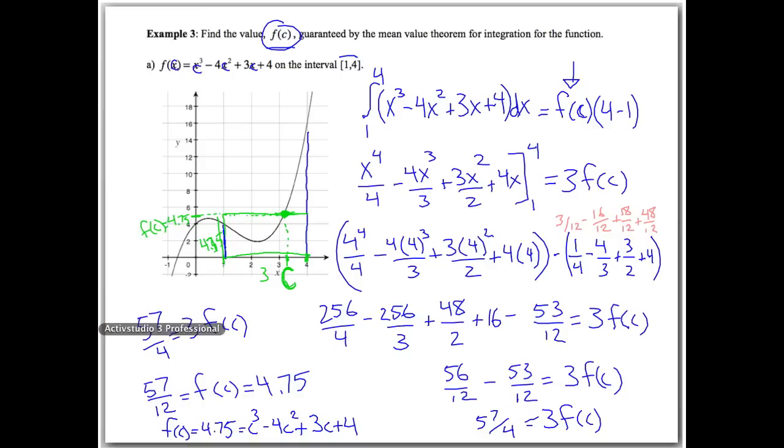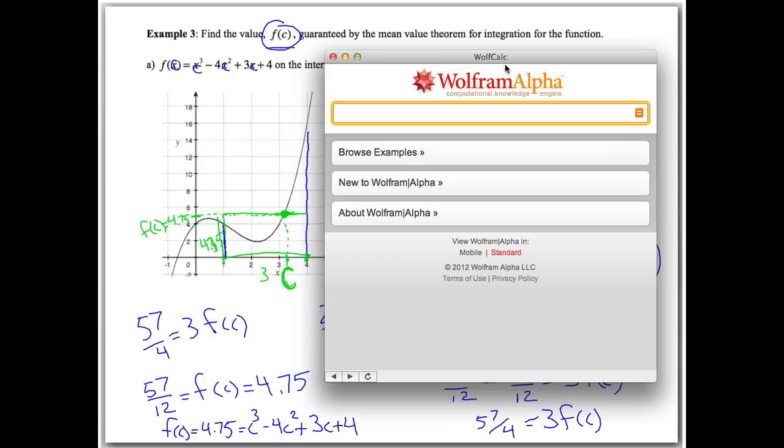So we're going to use Wolfram Alpha here. Wolfram Alpha can solve equations for us. So if I just type in this equation, it will give us an answer for c. So 4.75 equals c cubed minus 4c squared plus 3c plus 4.